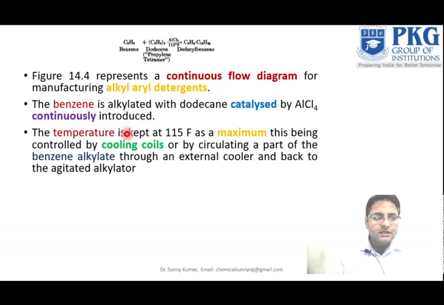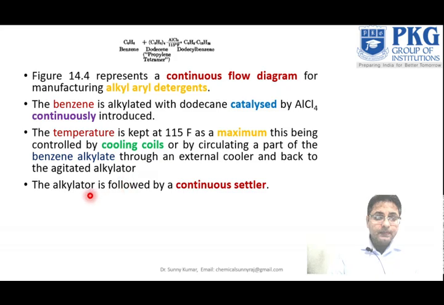The temperature is kept at 150 degrees Fahrenheit as a maximum. This is controlled by cooling coils or by circulating a part of the benzene alkylate through an external cooler and back to the agitated alkylator.